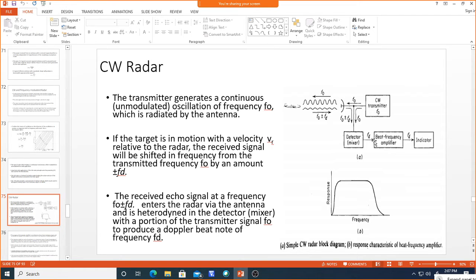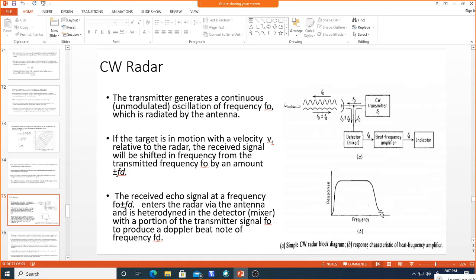For that Doppler frequency, we have to design the beat frequency amplifier, so that the weak Doppler frequency signal we have detected will be amplified and given to the indicator. As we discussed already, this indicator will be a plane position indicator, so we amplify this signal and display it on the indicator.